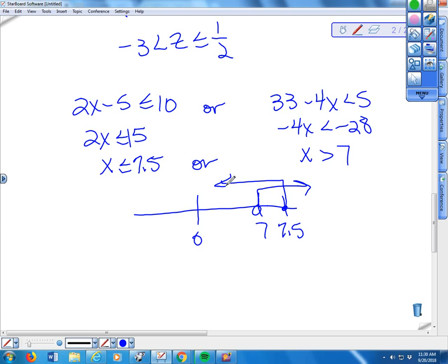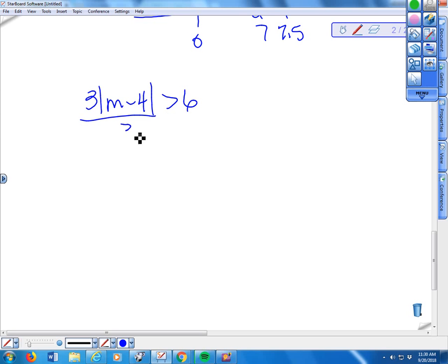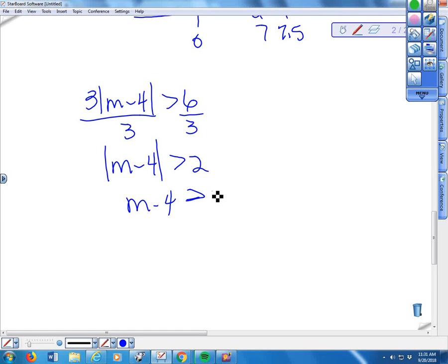Next one, again, I have to isolate the absolute value by dividing by 3. And now I can set up my two equations. m minus 4 greater than 2 and m minus 4 less than negative 2.